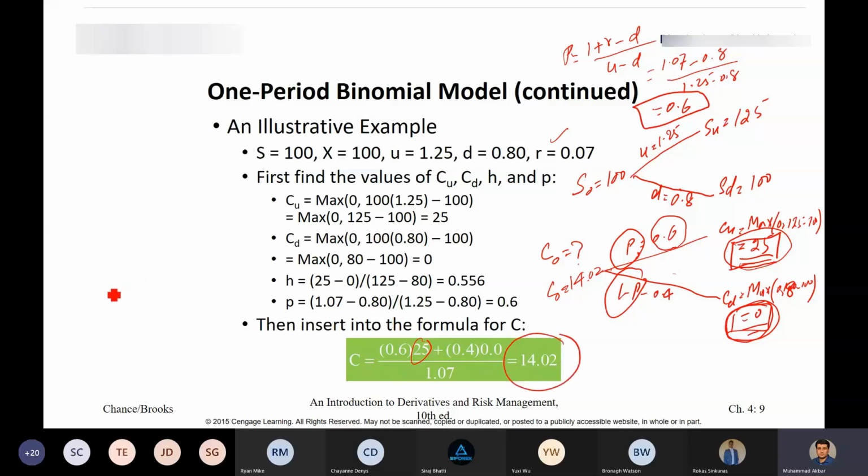How do we know that this is the correct price? For this we will be doing a hedge portfolio. If the hedge portfolio that we create with this call always earns the same return whether the stock goes up or down, then the price is correct. So let's have a look at that.